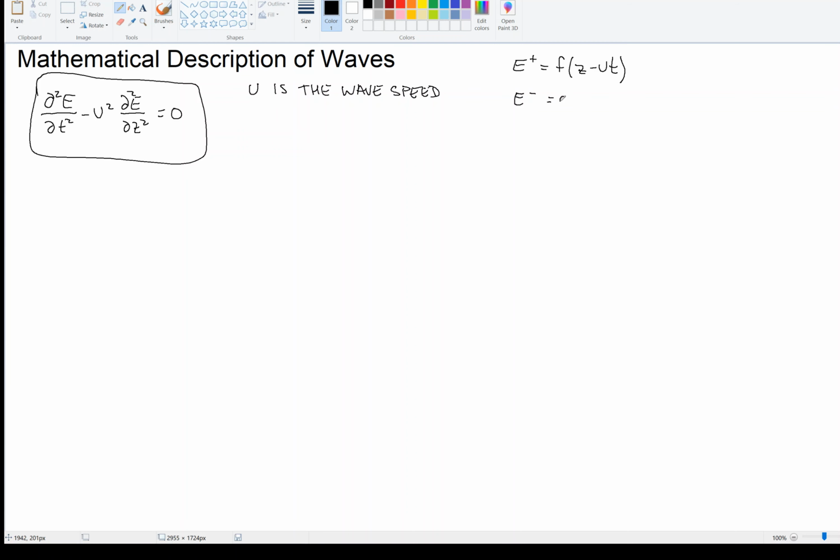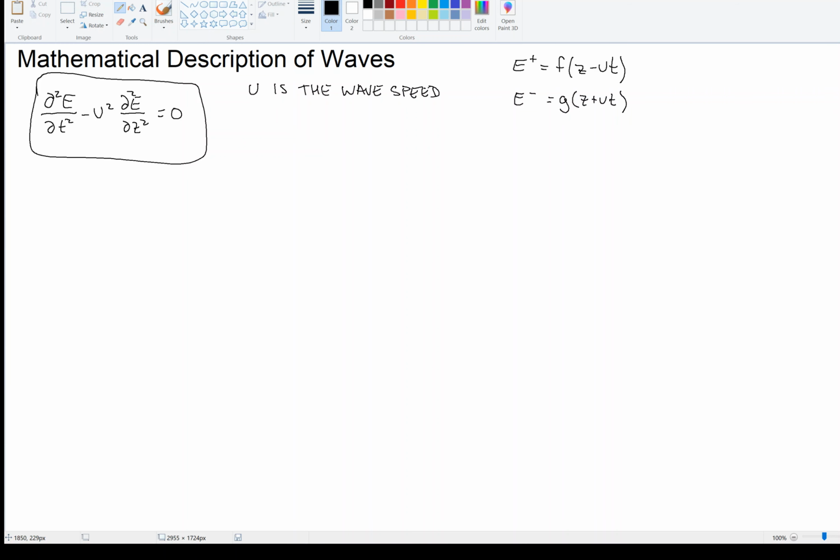Also, any function g of z plus u t. So this is a wave that's moving to the left. And again, it's any function. So as long as z and t appear together like this, z plus ut, any function of z plus ut will satisfy that equation.